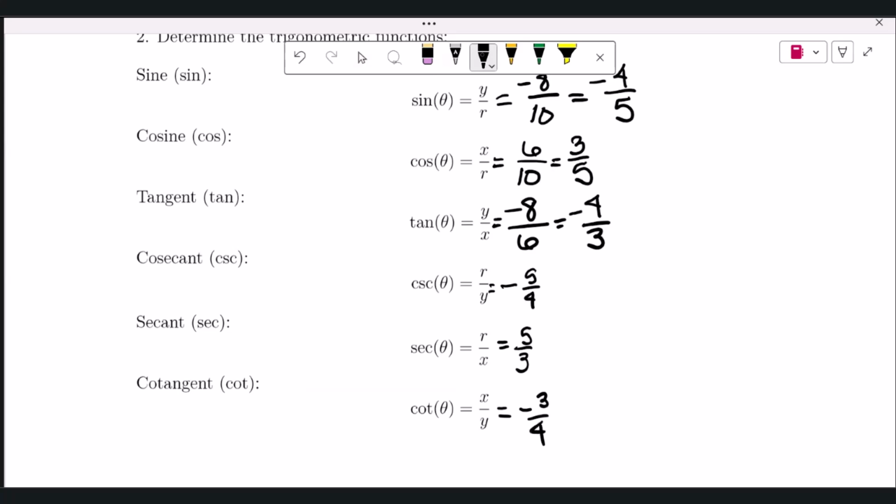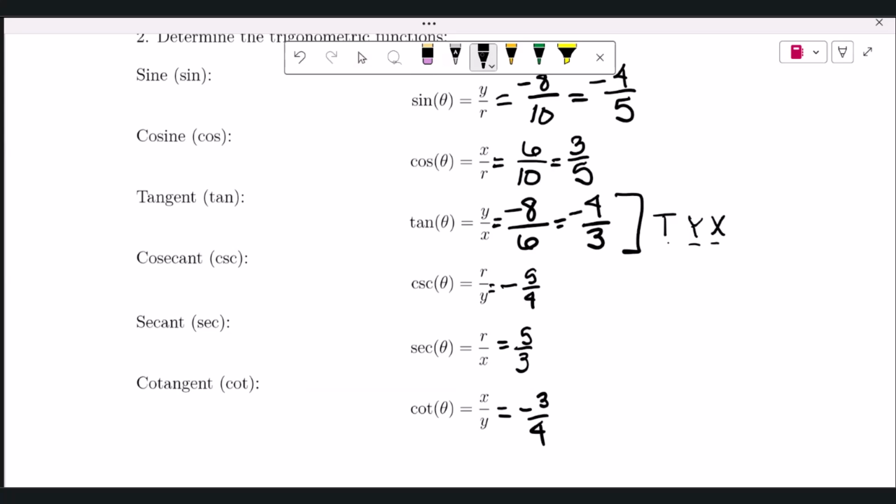Now you're probably wondering to yourself, how am I going to remember y over r, x over r, y over x? I'm going to give you a little help here. Let's look at the tangent for a second. Tangent is t, y, x, right? So tangent is y over x.